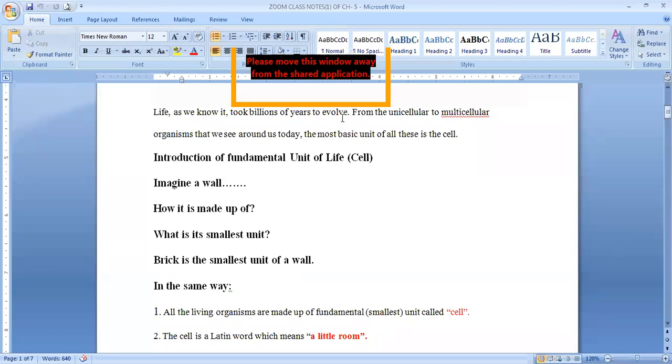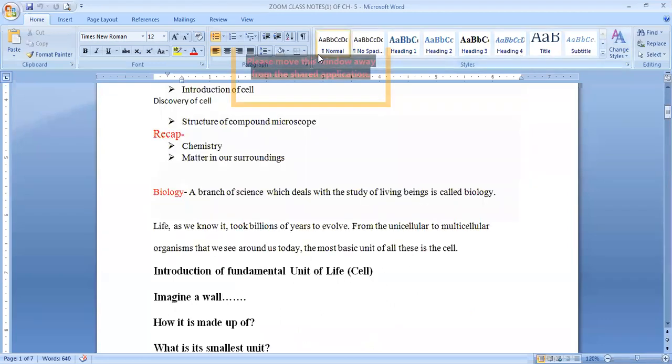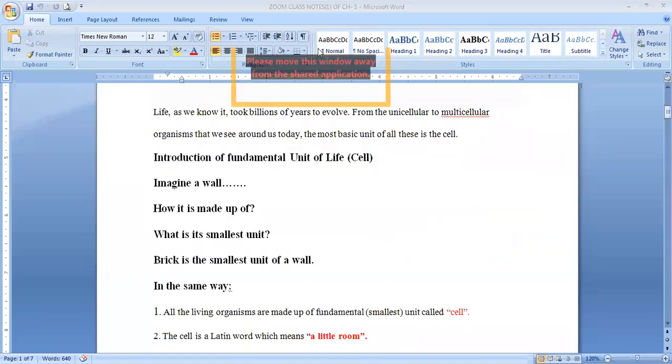It takes billions of years. From the unicellular to multicellular organisms that we see around us today, the most basic unit of all these is the cell.